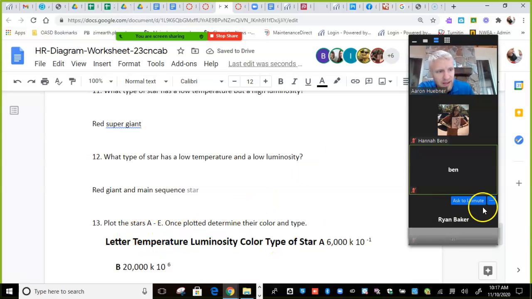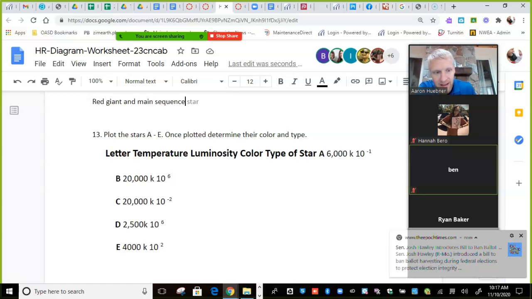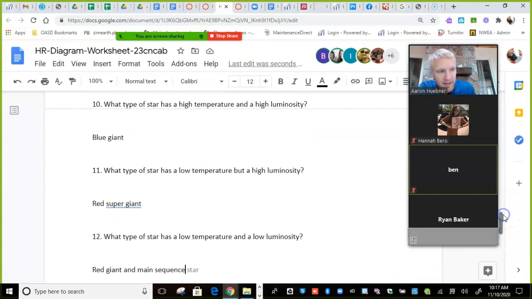All right, plot stars A through E. This is not really possible virtually, but let's just go through them together. We've got 20,000 Kelvin and 10 to the 6th luminosity. Let's get this thing out.